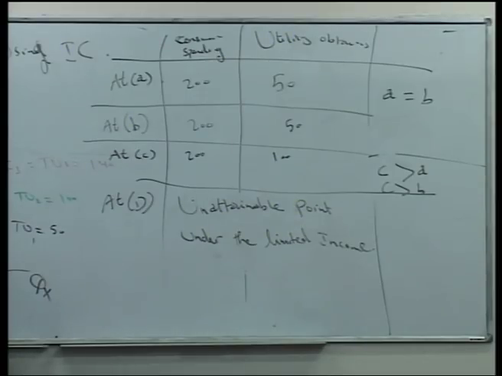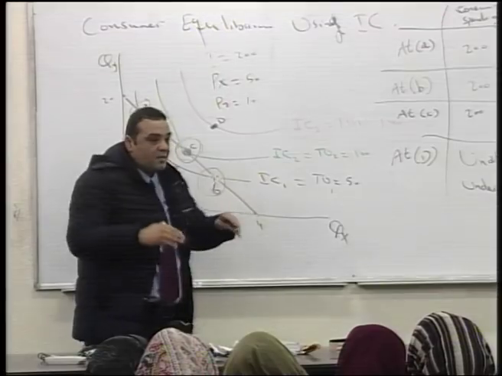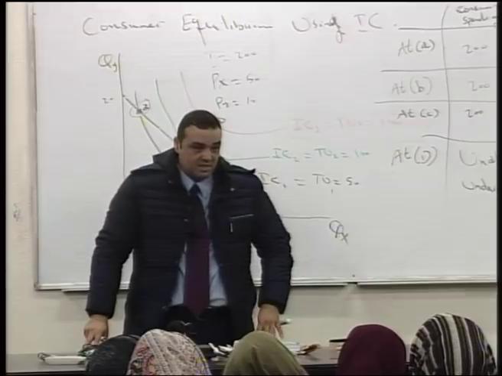I advise the consumer to buy at point C because this point performs the consumer equilibrium, or the maximum utility can be obtained at point C under the limited budget or the limited income.